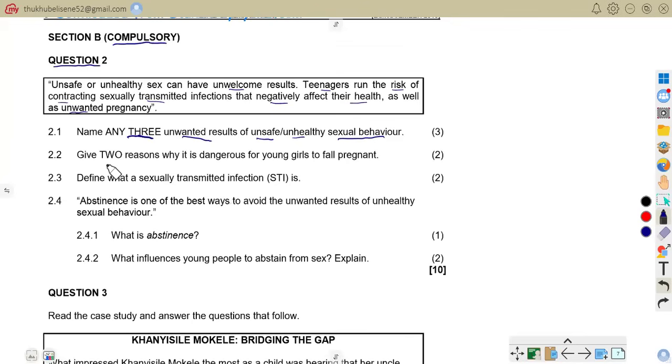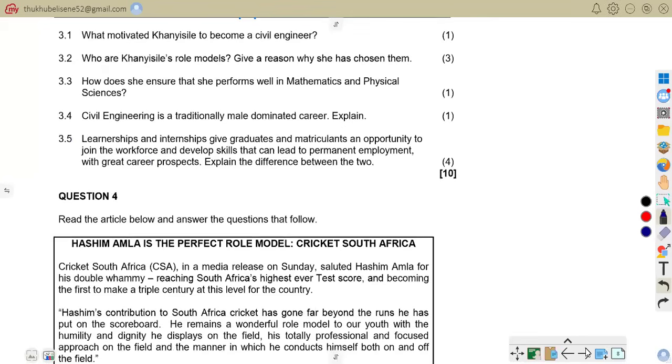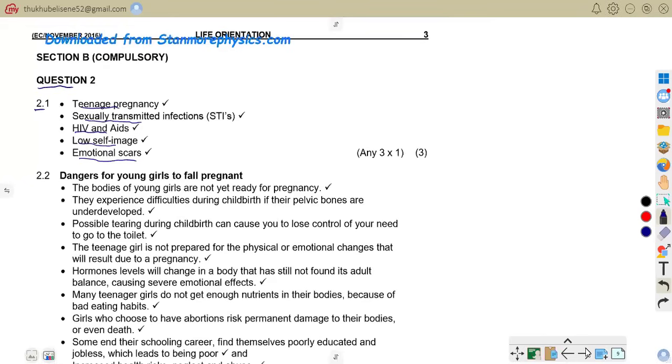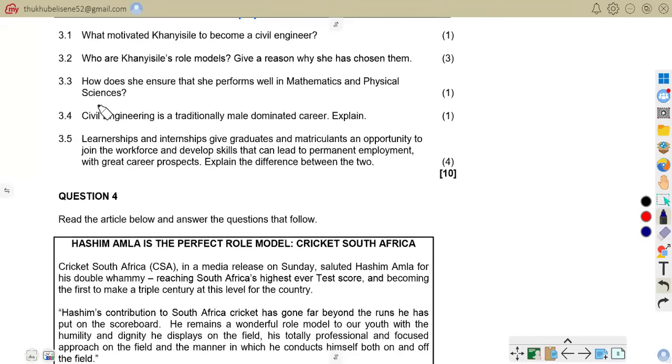Question 2.2. Give 2 reasons why it is dangerous for young girls to fall pregnant. Before we go to 2.2, let us give an explanation of the unwanted or unsafe results of unsafe sex.